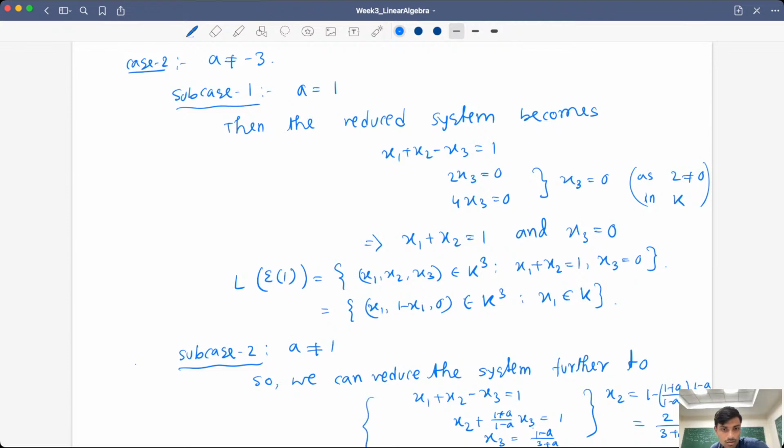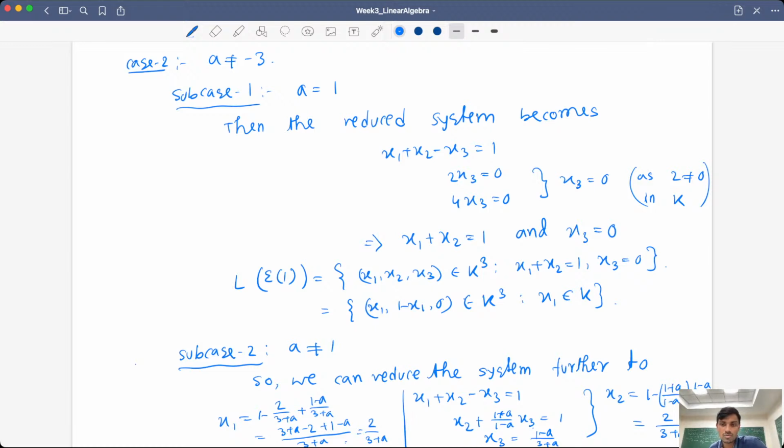And x1 is again 1 minus x2 plus x3, so 1 minus x2 is 2 by 3 plus a, and plus x3 is 1 minus a by 3 plus a, so 3 plus a minus 2 plus 1 minus a, so this is just 2 by 3 plus a, so it is just equal to x2 itself.